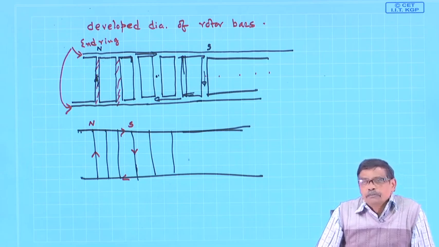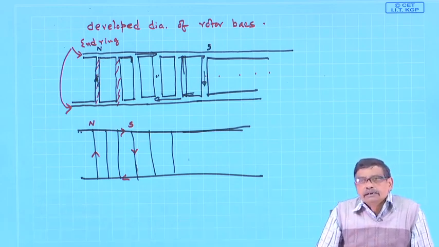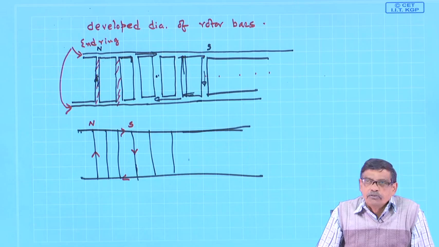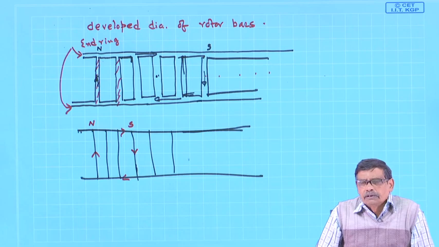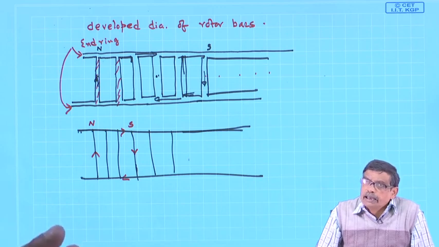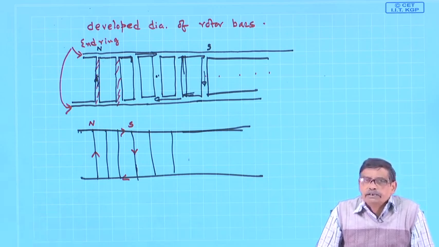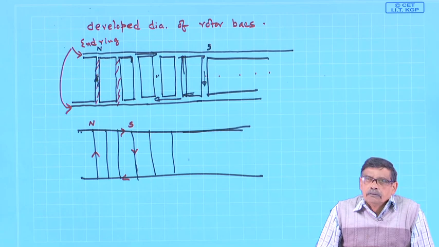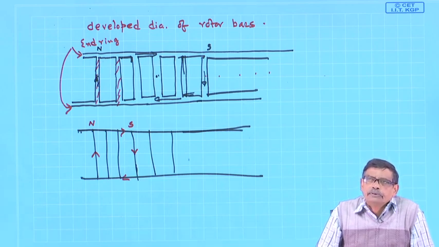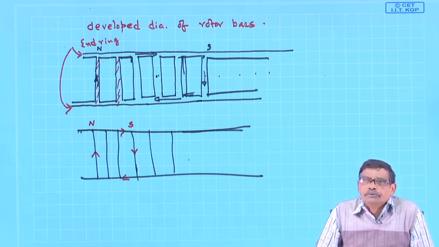But it is possible, which I indicated while discussing my winding layouts, that sometimes you use the same winding which is wound for say 4 poles and reconnect the winding groups such that it will produce 2 poles.